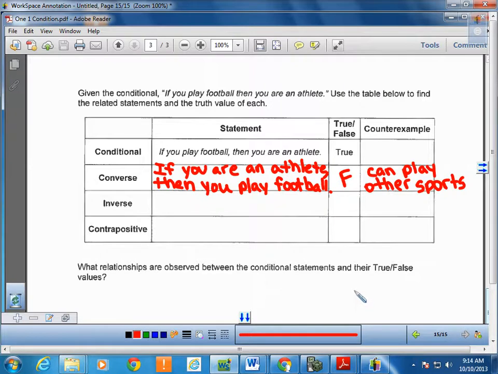Inverse, that's where you add the word not. If you do not play football, then you are not an athlete.